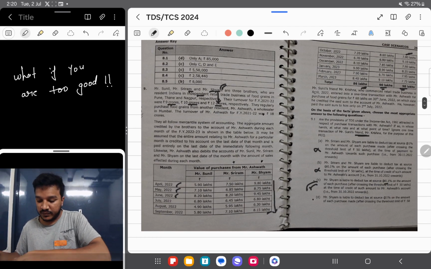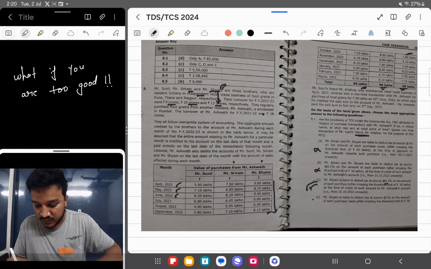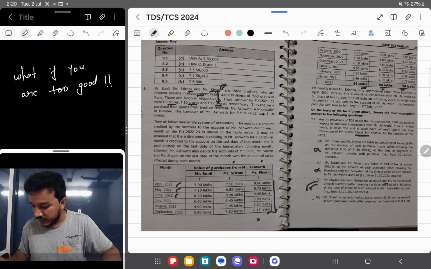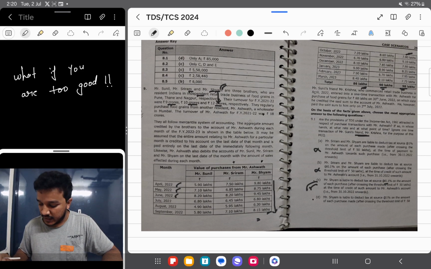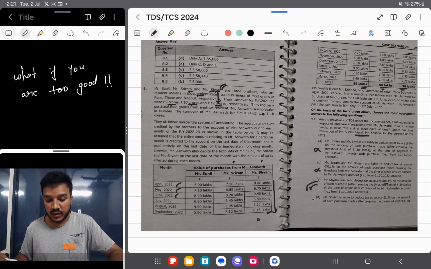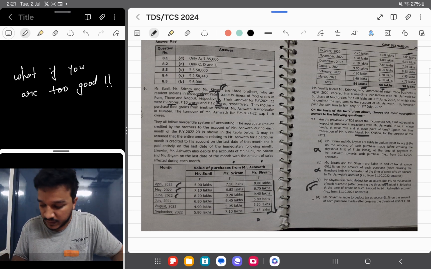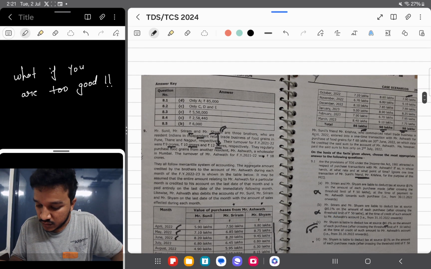So let's add each and every transaction for Sham: 9.8 plus 8.75 plus 9.45 plus 6.8 plus 6.3. Till here it is 41.1 lakhs, 41.1 lakhs plus 8.15, which comes to 49.25. Then in the month of October it is 7.8.